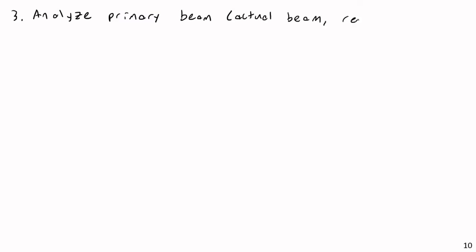So step 3 then will be to analyze the primary beam. As a reminder, this primary beam is the actual beam, real loads, with the redundant support removed.